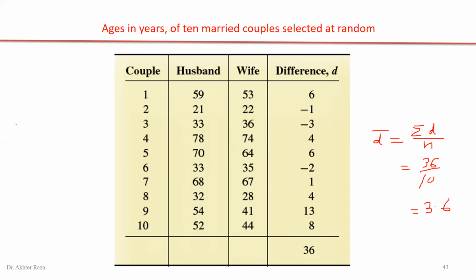The standard deviation of D can be computed by SD equals the square root of 1 upon n minus 1, times summation D squared minus summation D whole squared divided by n, because this is the sample standard deviation.